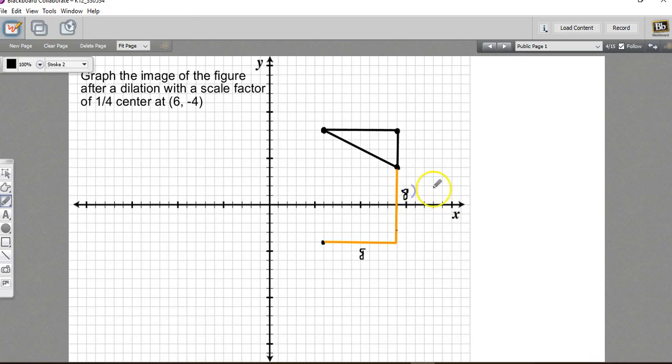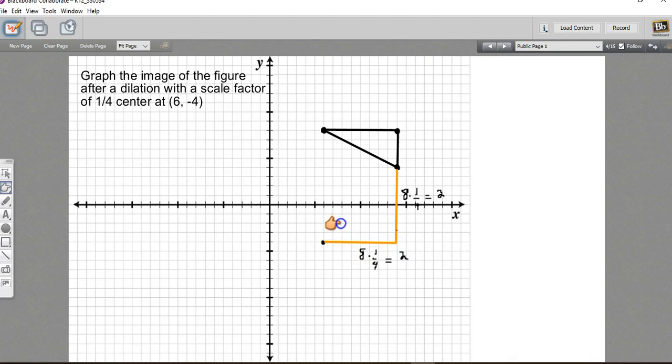So what you do is multiply those distances by the scale factor. You go 8 times 1/4 and 8 times 1/4, and what you end up with is 2 and 2. So from the center of dilation, you go over 1, 2, and then from there you go up 2.